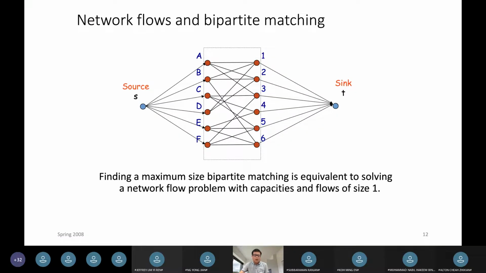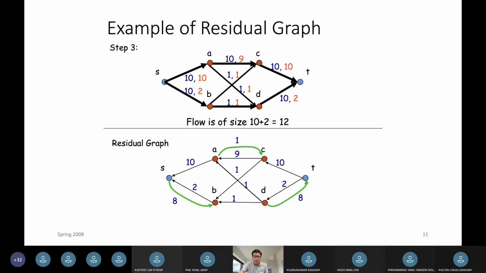So we know that the matching problem and the network flow have a connection. For example, if you match A, B, C, D, E, F with 1, 2, 3, 4, 5, 6, you can convert it into a network flow problem by introducing a source and a sink node. You connect the source to the left-hand side and the sink to the right-hand side.